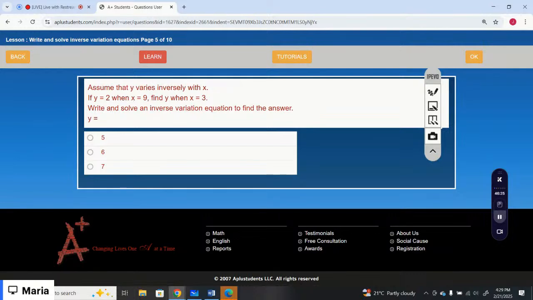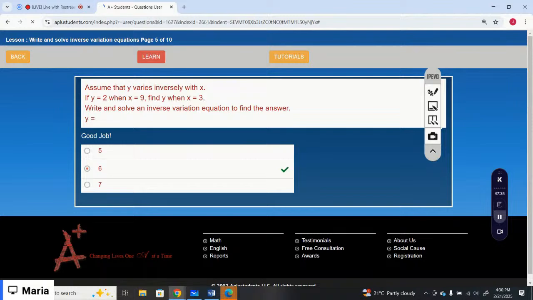Assume that y varies inversely with x. If y equals 2 and x equals 9, find y when x equals 3. The correct option is option number 2, that is 6.